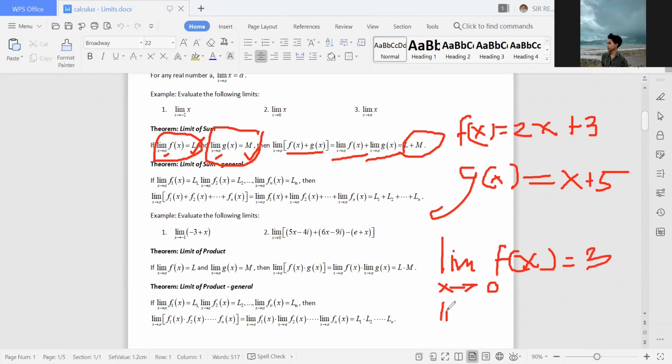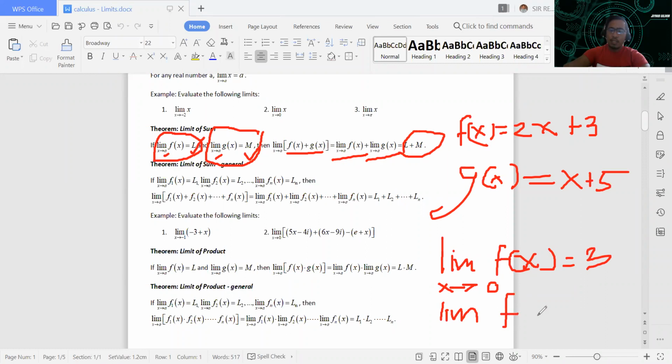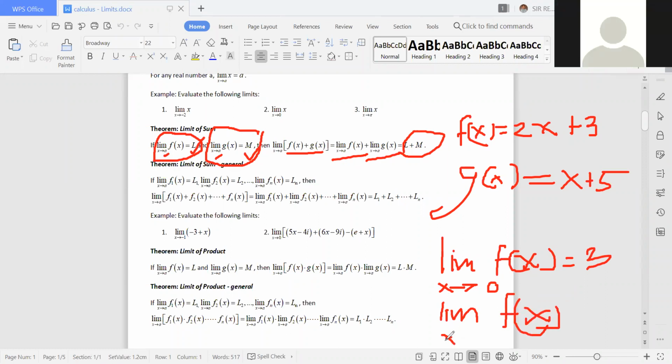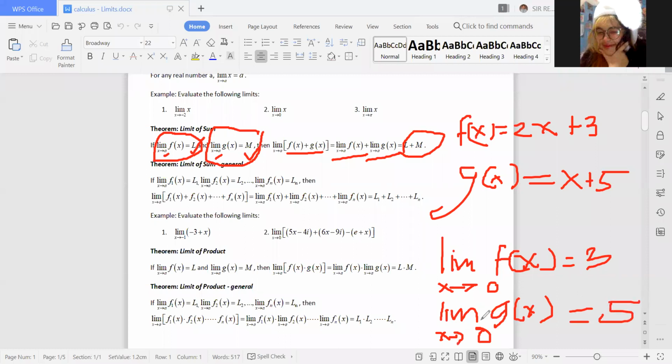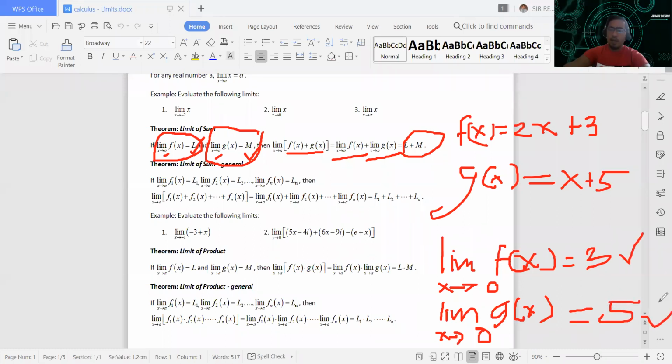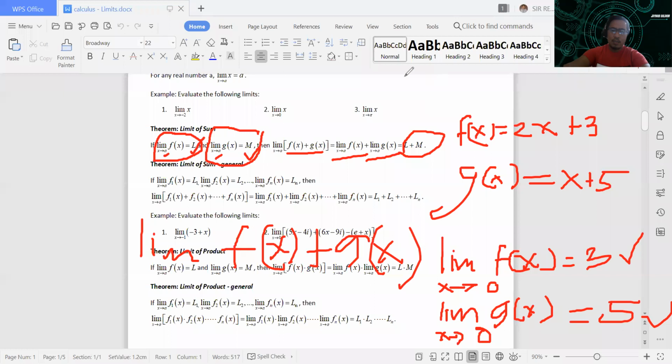How about what is the limit of g of x as x approaches to the same fixed point 0? What is the answer? 5. Now, we know that this is 3, this is 5. If you will be asked, what is the limit of f of x plus g of x?